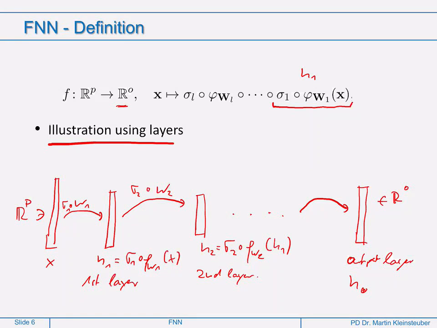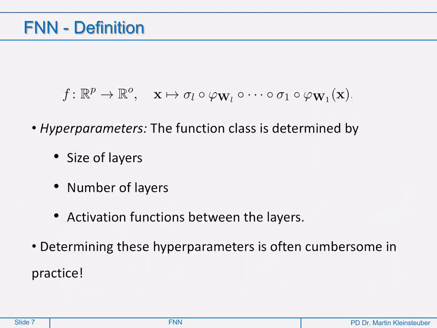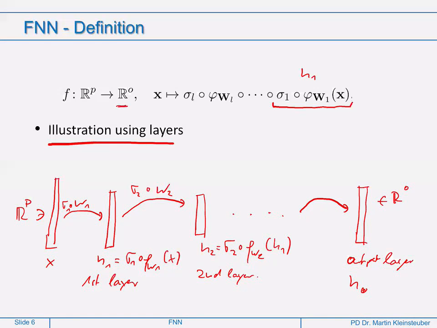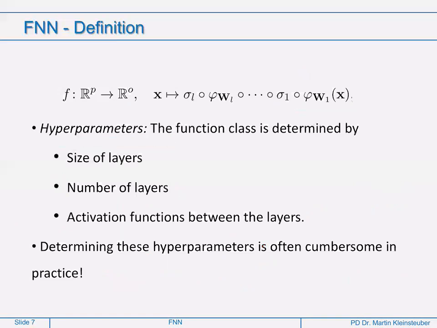So the definition here is that feed-forward neural nets are a function class, and the function class is determined by the so-called hyperparameters. The hyperparameters are something that you cannot compute by an optimization algorithm, that you have determined somehow differently: the size of the layers.